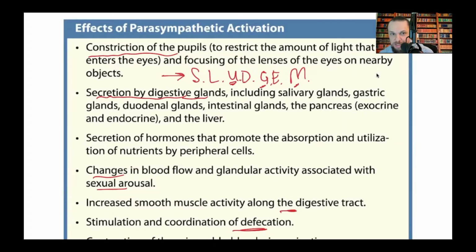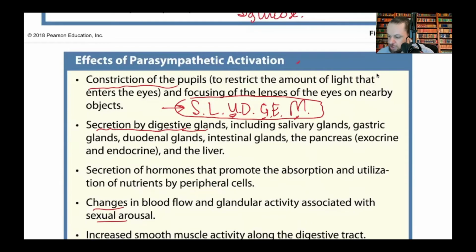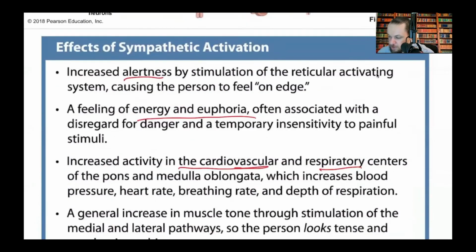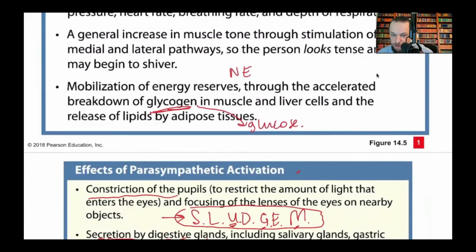So it blocks the parasympathetic activation, and it will combat all these effects. It will stop salivation, lacrimation, urination, defecation, emesis, miosis. So if you block the parasympathetic activation, you have an unopposed sympathetic response. Hopefully this will reverse some of these effects that were induced, right?